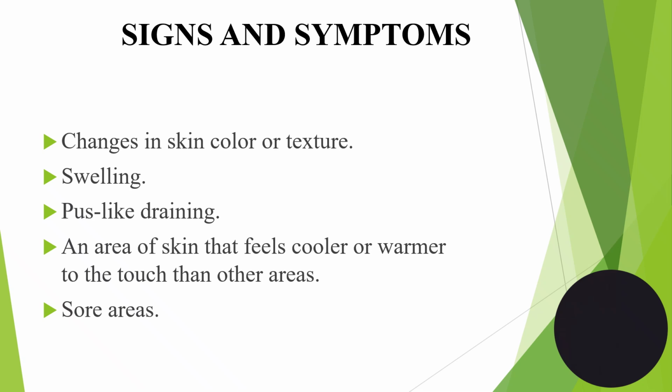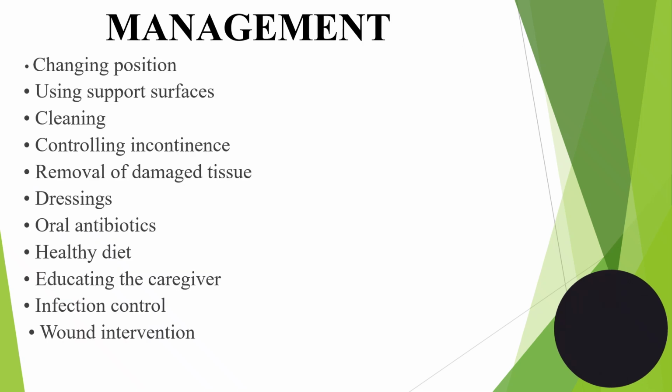Next, the signs and symptoms are the same, the sore areas and everything. When you come to the management: changing the position, using the support surface, cleaning, controlling incontinence, removal of damaged tissue, dressing, oral antibiotics, healthy diet, educating the caregiver, infection control, wound intervention.